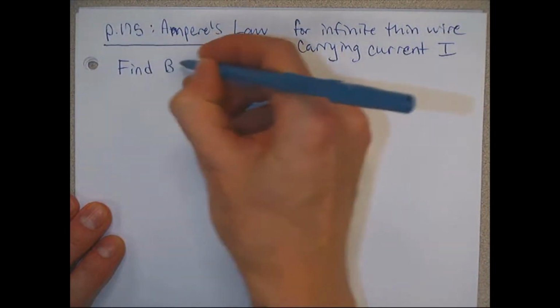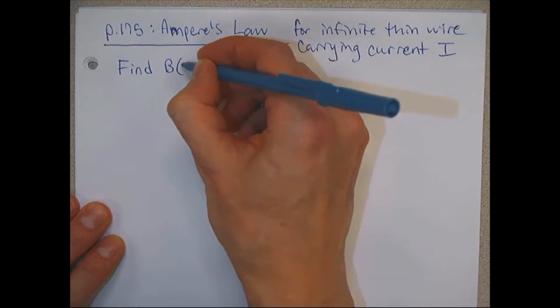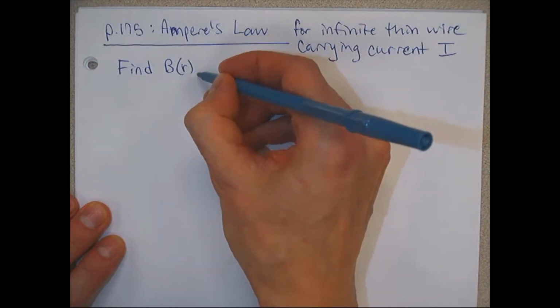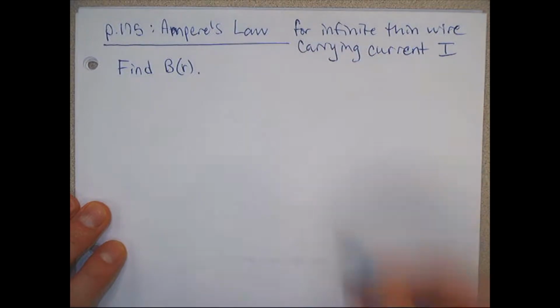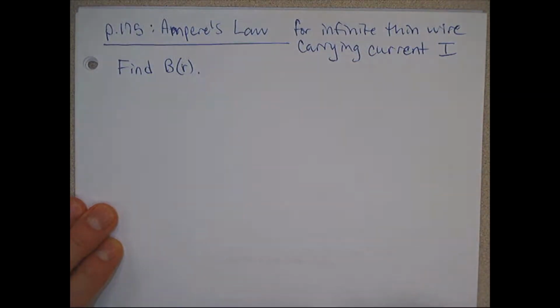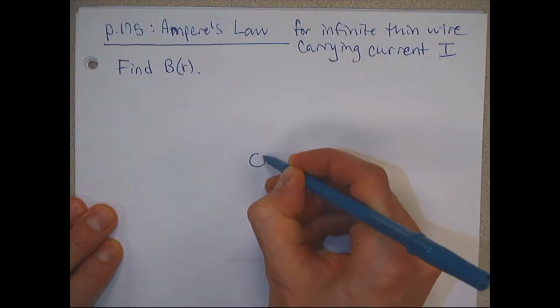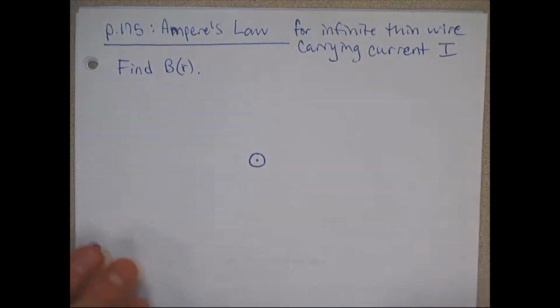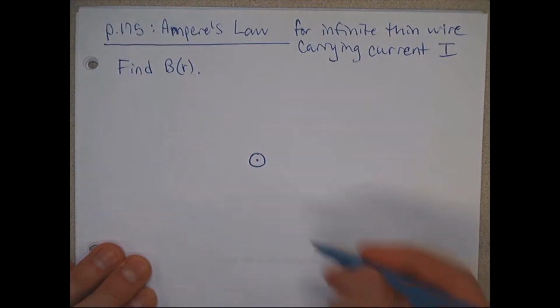If I say find the magnitude of magnetic field produced by that current at some distance r away from the wire, we know the answer. And that's going to help us validate our application of Ampere's law.